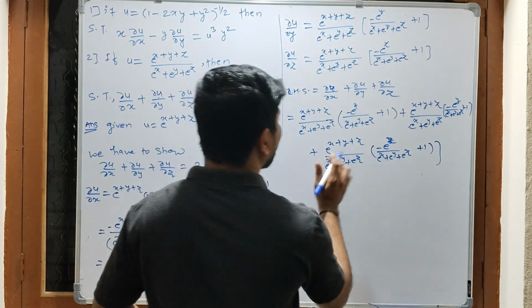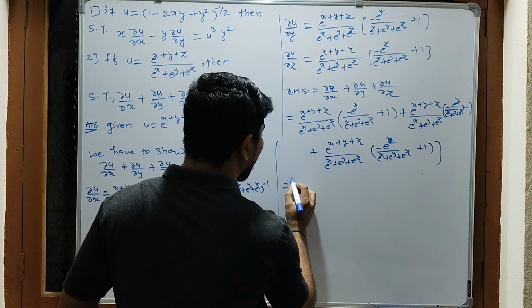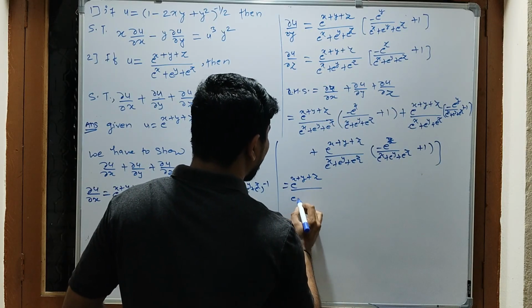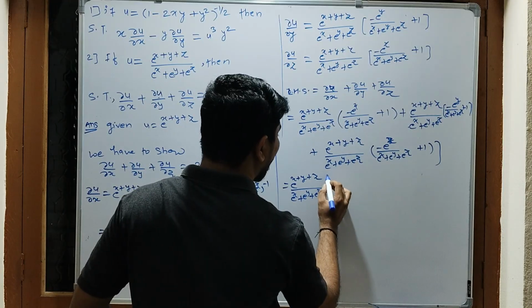Now here just observe one thing, what is common in all these things: e to the power x plus y plus z by e to the power x plus e to the power y plus e to the power z is common in all.